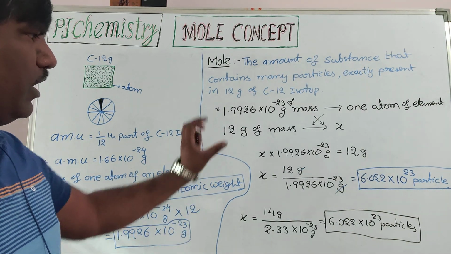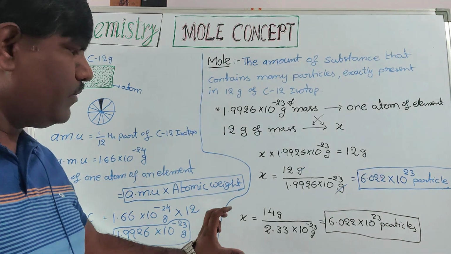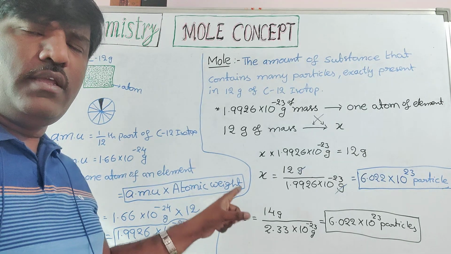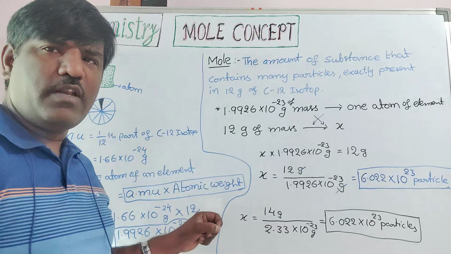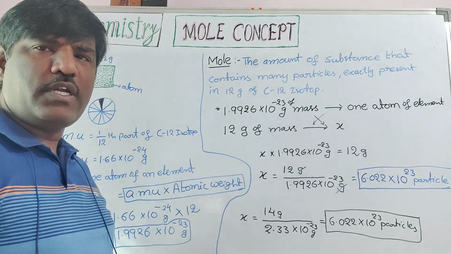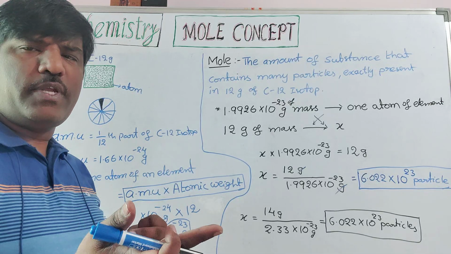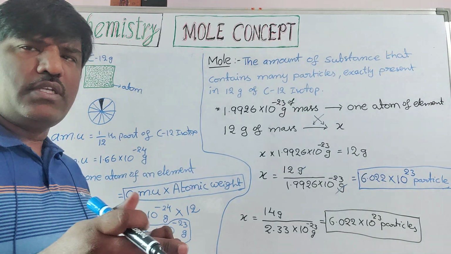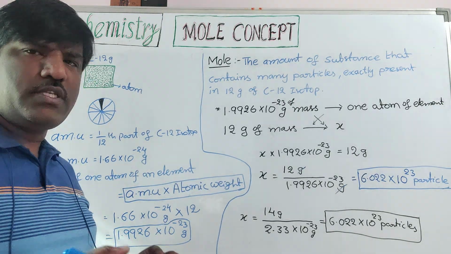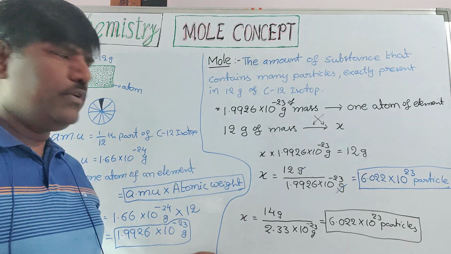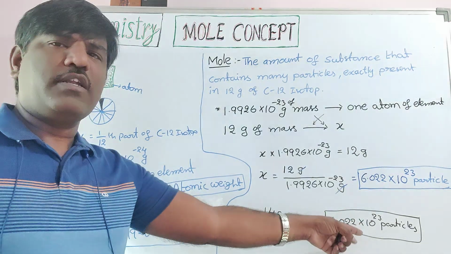Now, I hope you understood here. You take oxygen, 16, divided by the mass of one atom of the element. How to calculate the mass of an atom of the element? 16 amu, 1.66 into 10 power minus 24 into 16. If you multiply, you will get the mass of an atom of the element. So 16 divided by that value, if you divide, you will get the same number of particles.